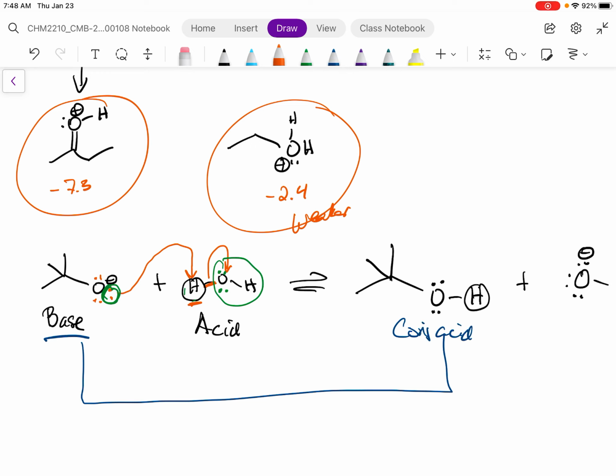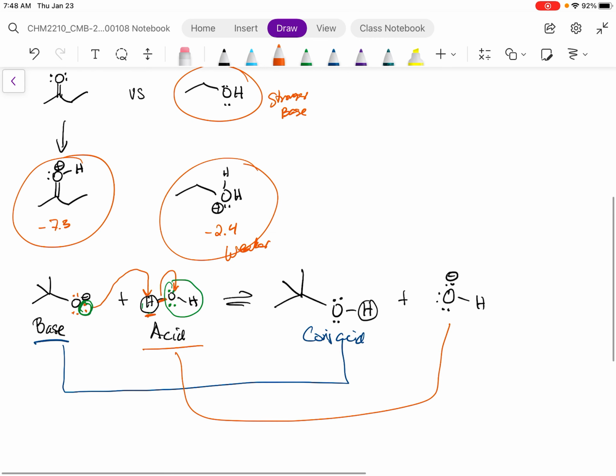And then we see our acid, which is water. What does the water turn into? Hydroxide. So that has to be the conjugate base because it's a pair. An acid-base pair. So that's how we identify the conjugate acid and the conjugate base.